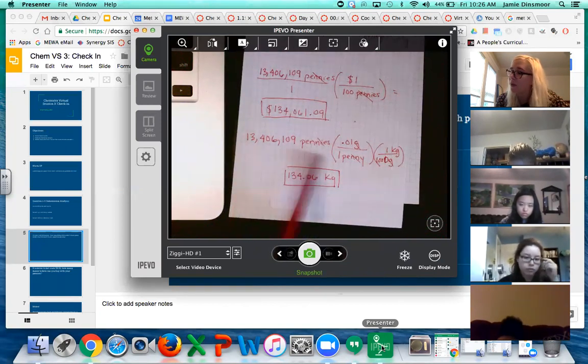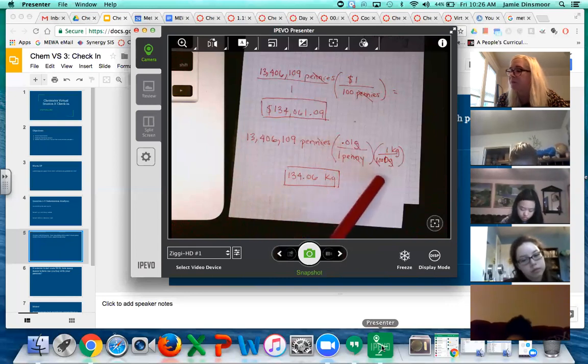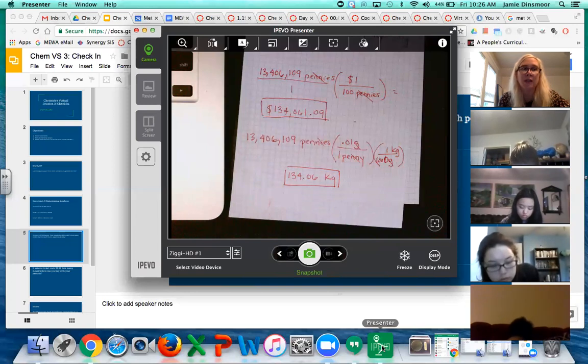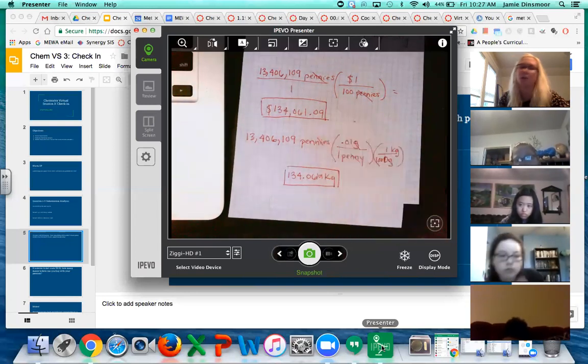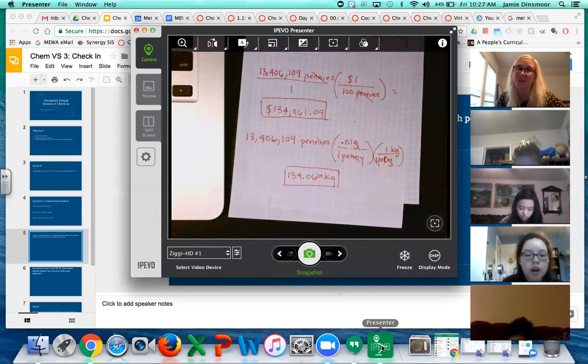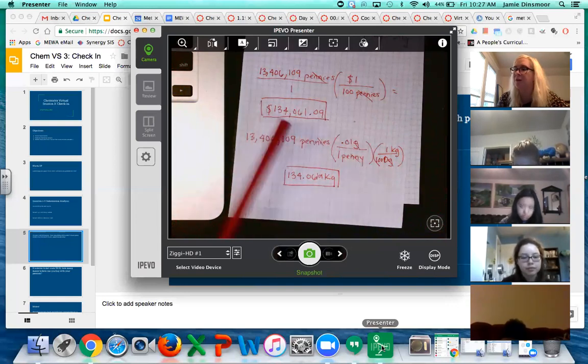So if we take our pennies, we multiply by 0.01 and then divide by 1,000, we end up getting 134.06, and if you didn't round there, 109 kilograms, which is a lot, right? That's a lot of kilograms. That's a heavy amount of pennies. Even in dollars, that would be heavy.